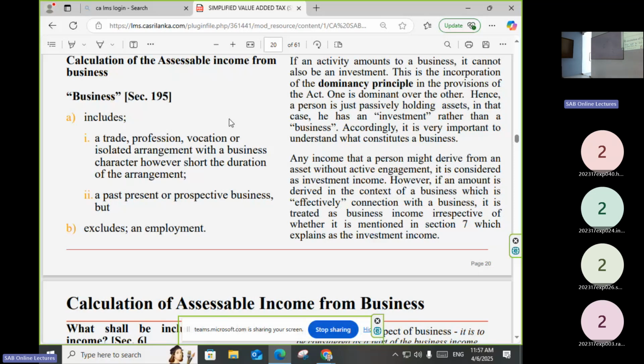Using that qualification, if he earns some money, that comes under the business income. Why? He used that qualification and from that qualification he is getting that income. It is recognized as professional income, which comes under the business income.